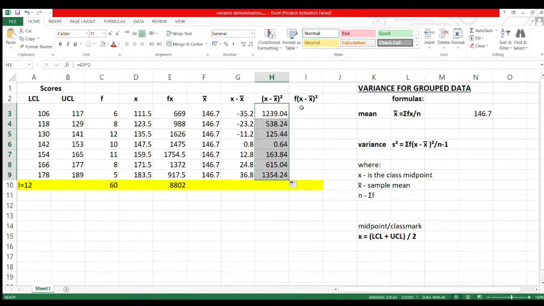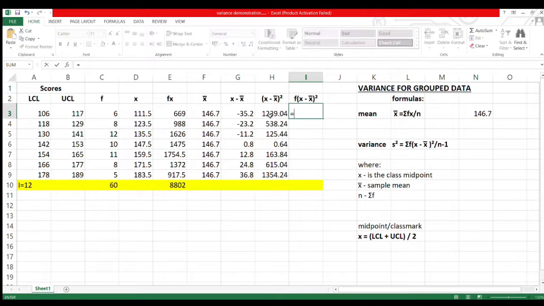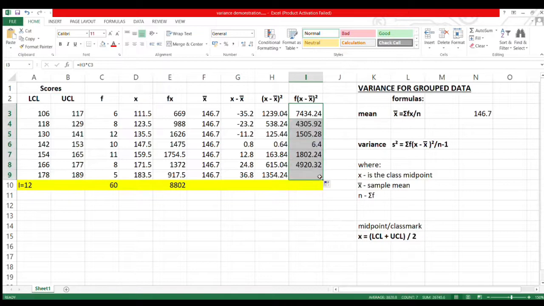Next, we're going to multiply this x minus mean squared by the frequency. That is 1,239.04 times 6, which is equal to 7,434.24. Because we're using Excel, we just drag it down to get the preceding answers.